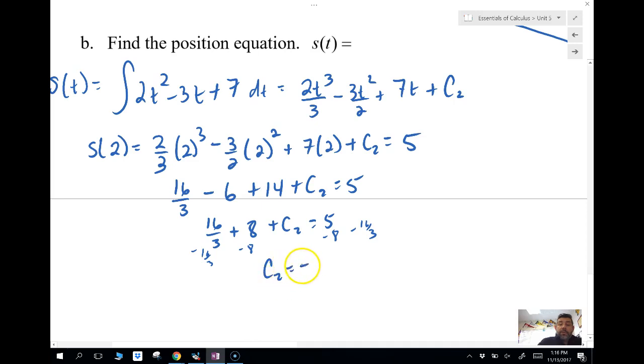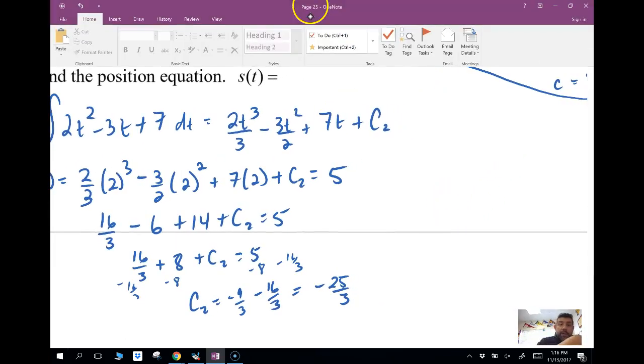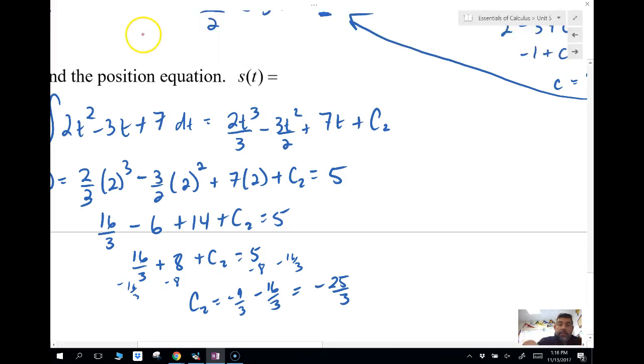We get c2 equals negative 3 minus 16/3. Negative 3 is negative 9/3, right? So c2 is going to be negative 25/3. Then we put that over here, and our equation is going to be 2/3 t cubed minus 3/2 t squared plus 7t minus 25/3.